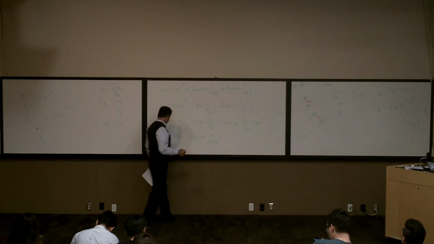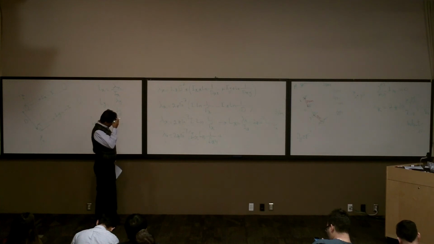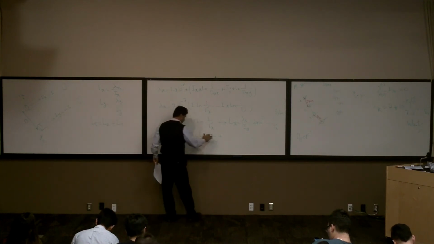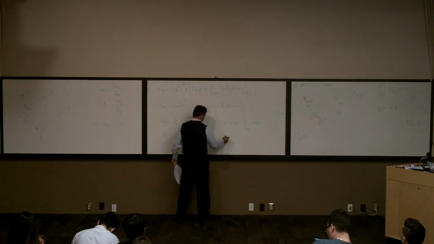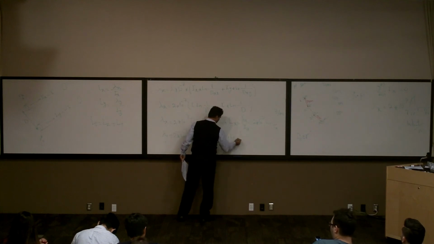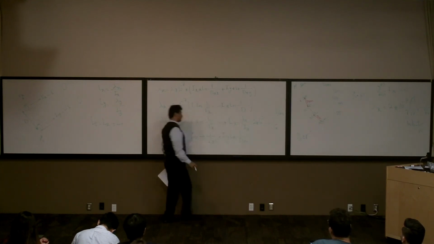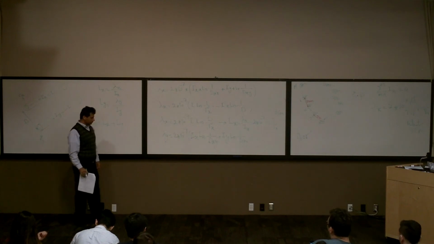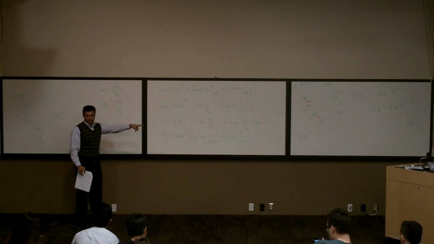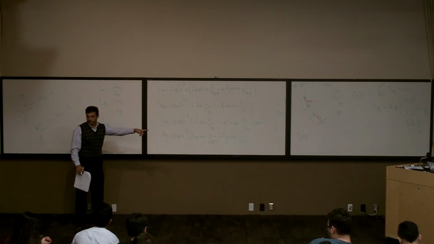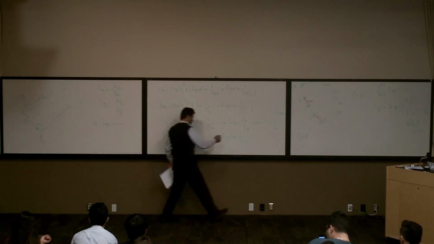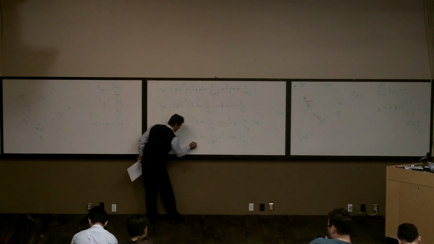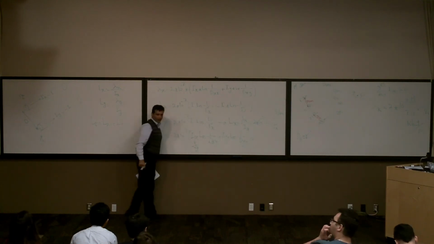Plus Iy times ln of 1 over dyy. Let's replace Ix with minus Iy. Or we can replace both of them with I, it doesn't matter. But let's put it this way, it's easier for you.